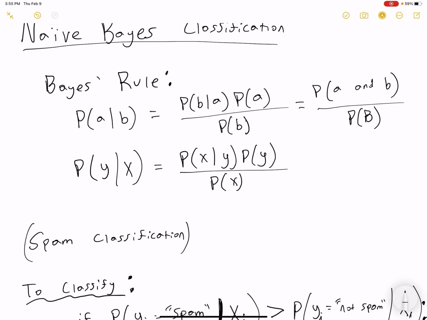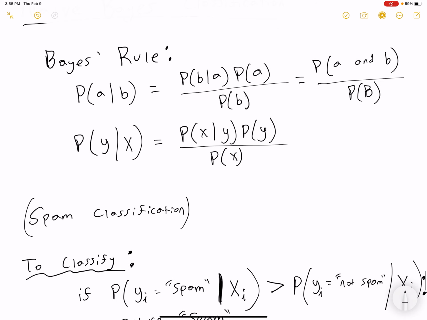So for the homework, I don't make you calculate the denominator, even though that would give you an interpretable probability, because that would be a lot more coding. So you're welcome. All you have to do is calculate the numerator, because if you think about it, the numerator is the only thing that has the label in it.